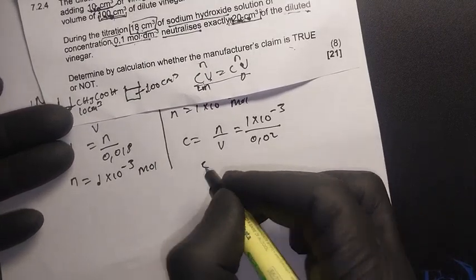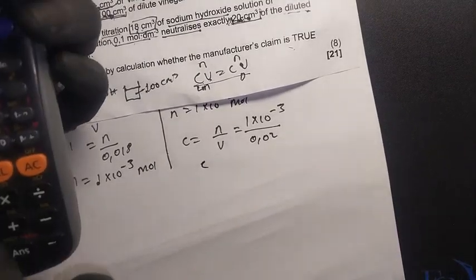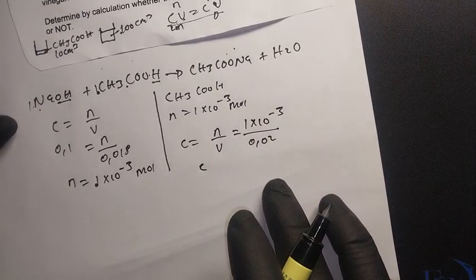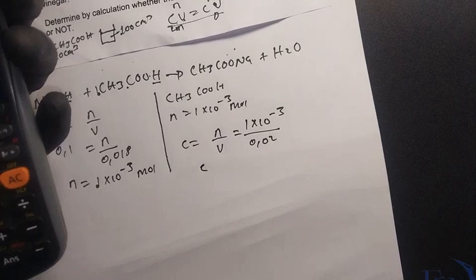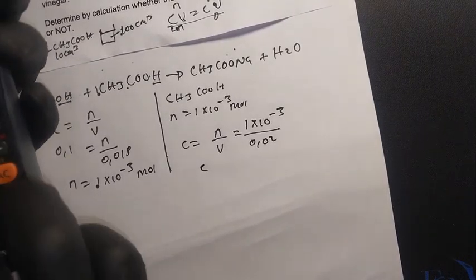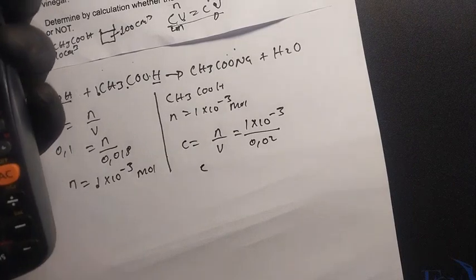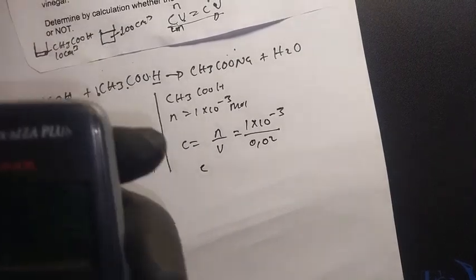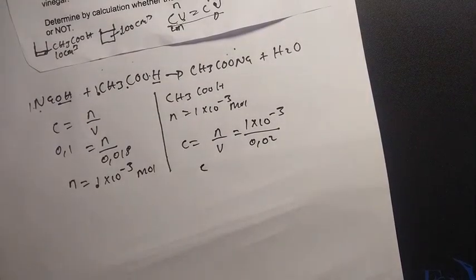Then we calculate the concentration: 1 times 10 raised negative 3 over 0.02.